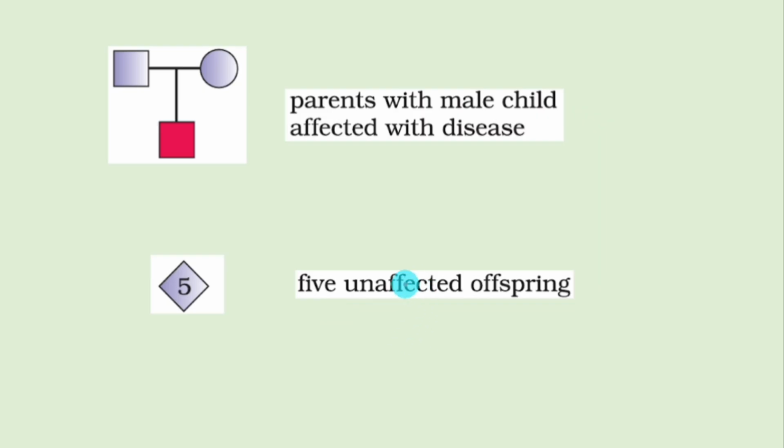So one thing which is not given in NCERT textbook is if you have a square or a circle or a diamond with a dot in it, this indicates carrier.